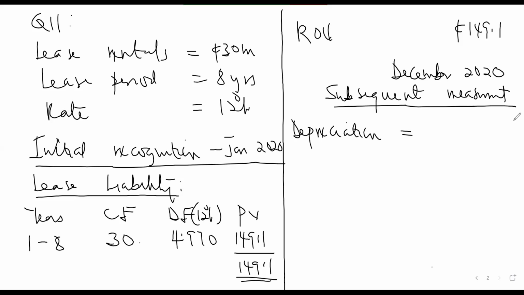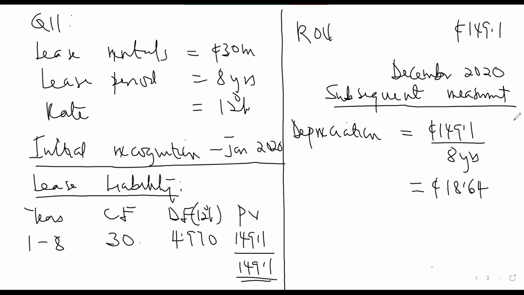So depreciation of 149.1 divided by 8 years. Is that correct? What are we getting there? 18.64. Okay.